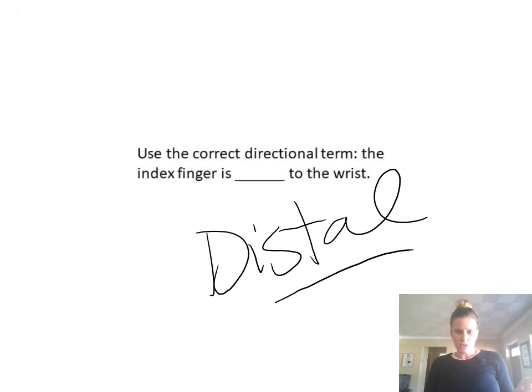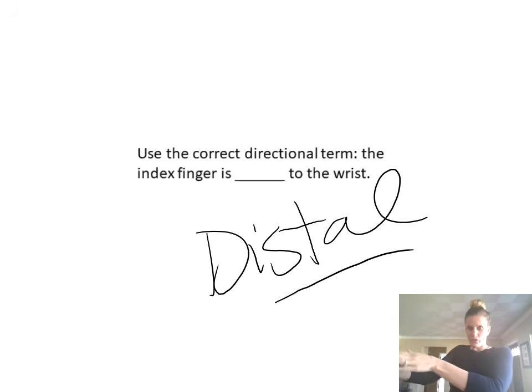Proximal and distal really apply most to the arms and the legs, but what they mean: proximal means close to the site of attachment. Distal means further or distant from the site of attachment. So on the arm, for example, the arm attaches on my shoulder. So everything on my arm that's closer to the shoulder is more proximal. Everything that's further away is more distal.